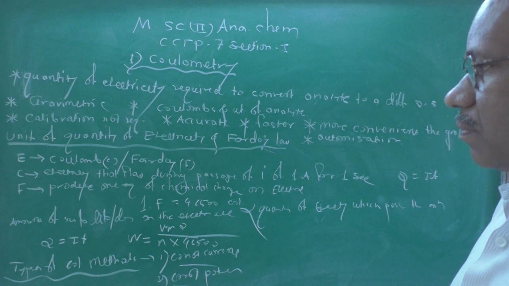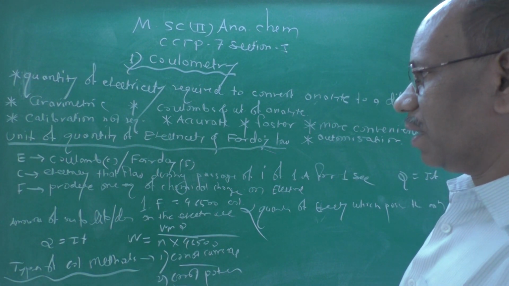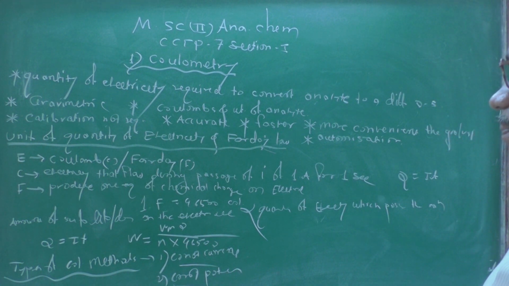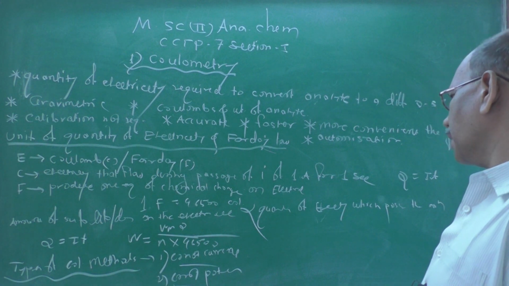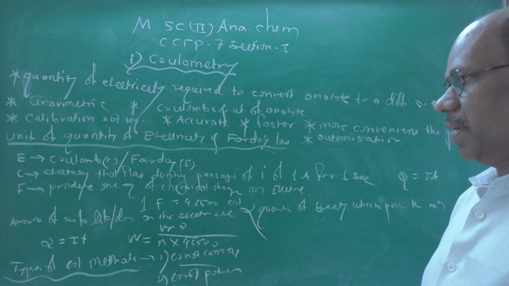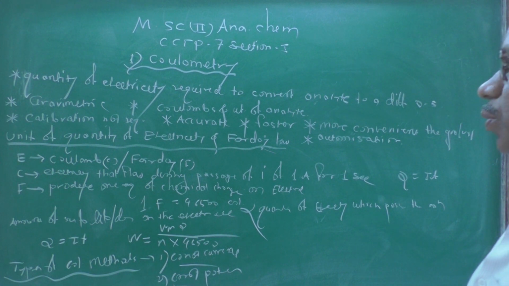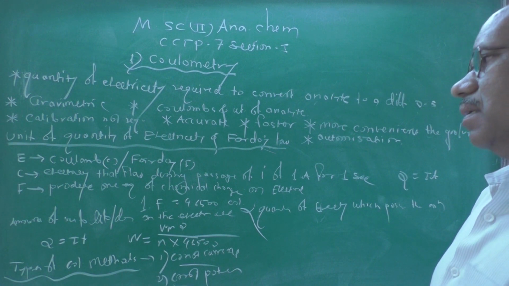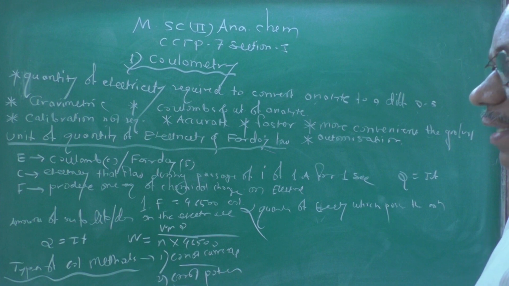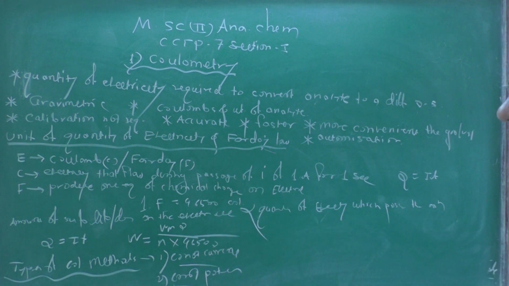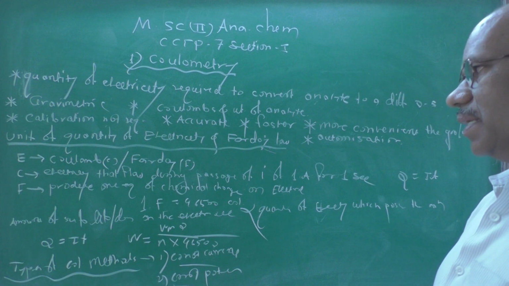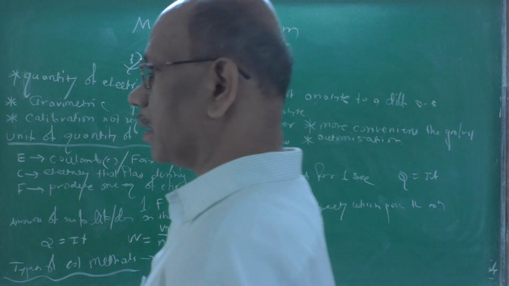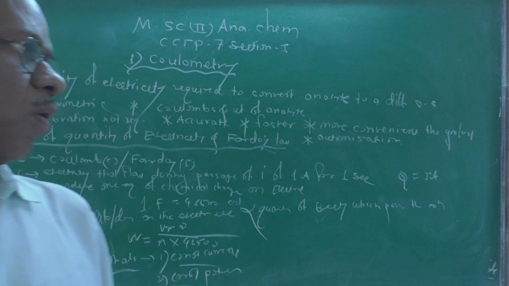We can define the coulomb as the electricity that flows during the passage of a current of 1 ampere for 1 second. The quantity of electricity that flows during the passage of 1 ampere in 1 second is called 1 coulomb.